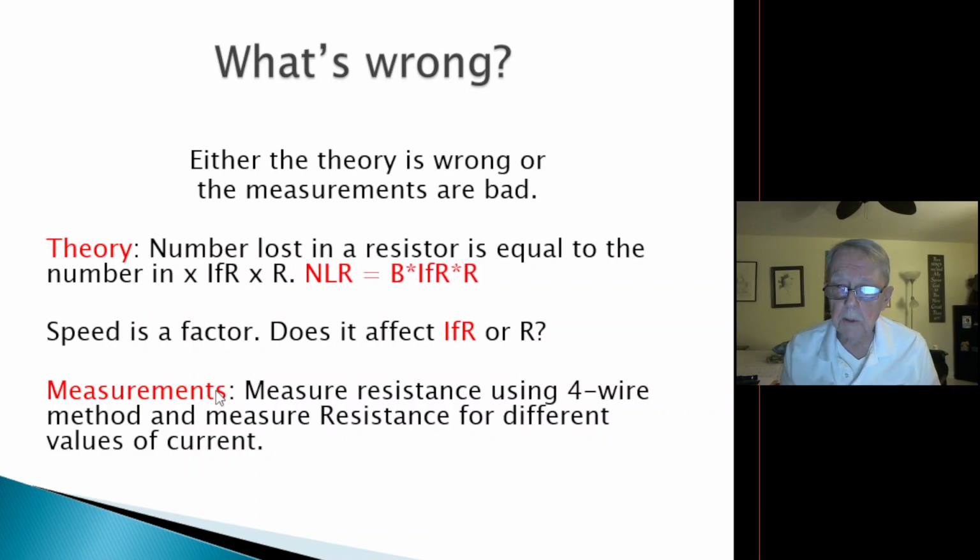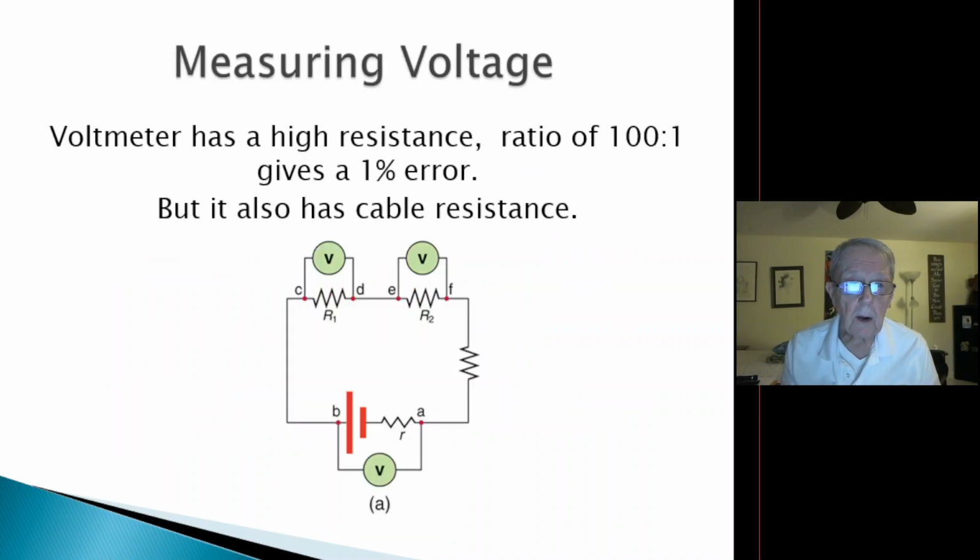And measurements. The measurements I made 3 years ago, even though I had a 6.5-digit meter, very accurate, were 2-wire measurements. And I found out in a video about a month ago that 4-wire measurements are more accurate, and maybe that's the problem. So I'm just going to review my measurement techniques.